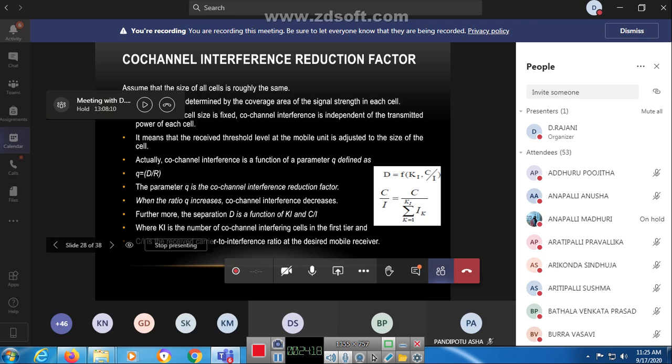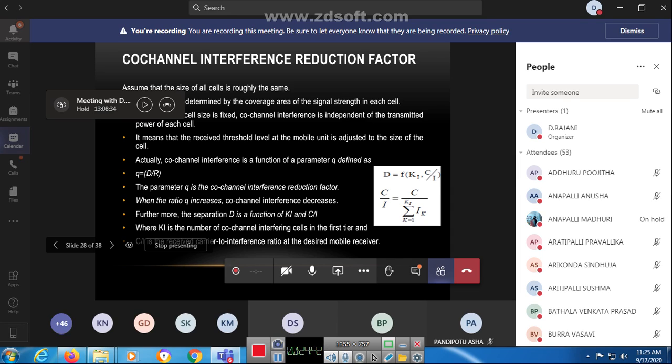It is a problem, since interference means disturbance of the signals. So how can we reduce it? By using the co-channel interference reduction factor, which we define as q is equal to d by r.